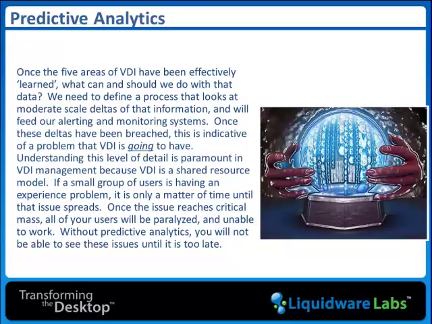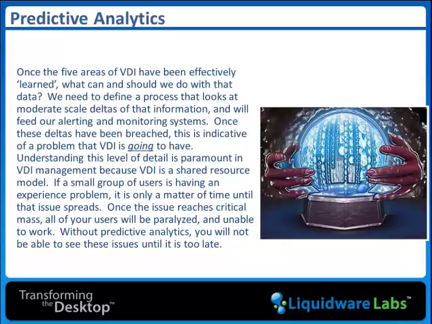Now, understanding this level of detail is paramount in VDI management because VDI is a shared resource model. A small group of users having an experienced problem, it's only a matter of time until the issue spreads. So essentially, you could look at this akin to a virus. Once one of your machines gets a virus, it's just going to spread to another and another and another. But in fact, what we have with VDI is resource consumption issues.